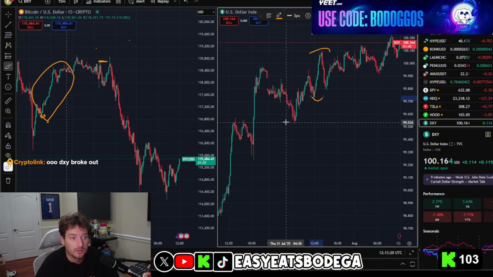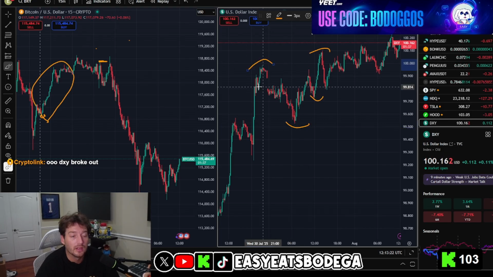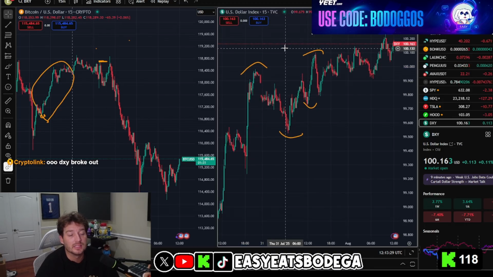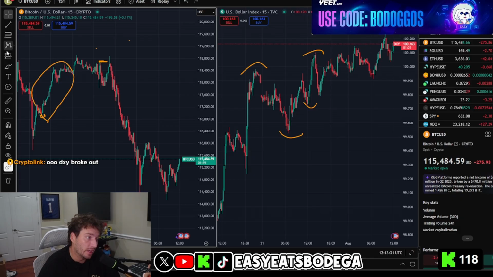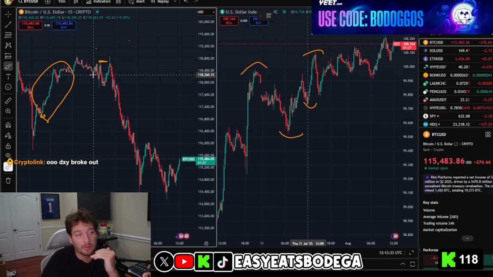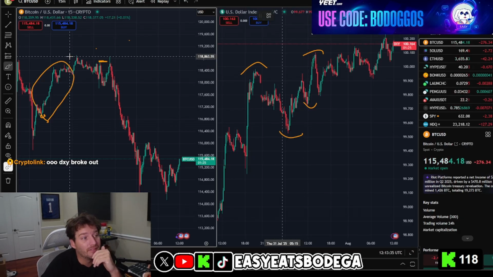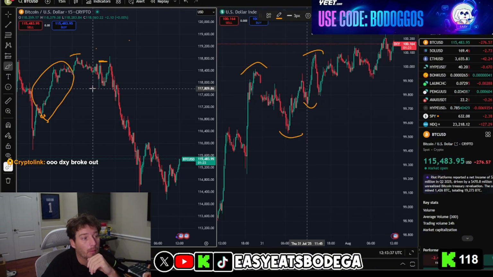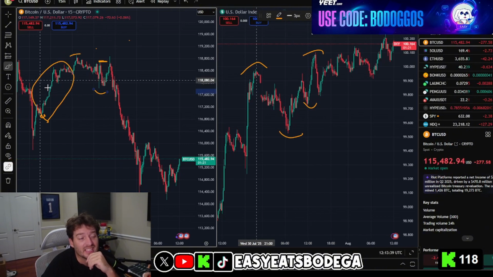Higher lows, higher highs, which is exactly what you want to see. But on Bitcoin, one of these was going to be wrong. You got a higher high, but a new low in that same time frame.